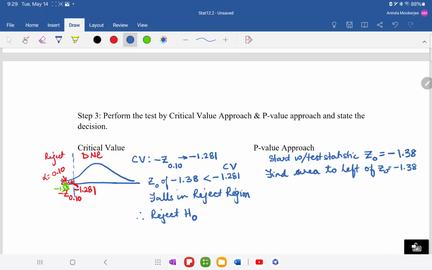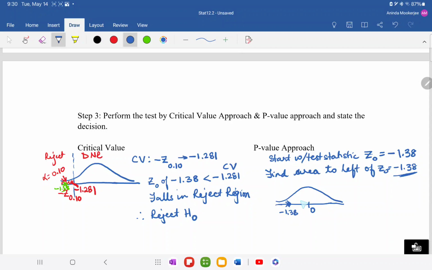Let's show that on a diagram. We have our curve here. Again, you do not need to show reject and do not reject regions for a p-value diagram. All you need to show is where your negative 1.38 would be located. If this is the center of the curve, then negative 1.38 would be to the left, maybe somewhere here.